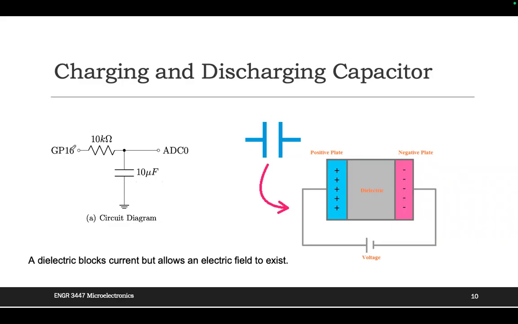And GP16 is the output. When GP16 is set to 1, which means there is a voltage of 3.3 V, it will charge the capacitor. That makes sense to you?